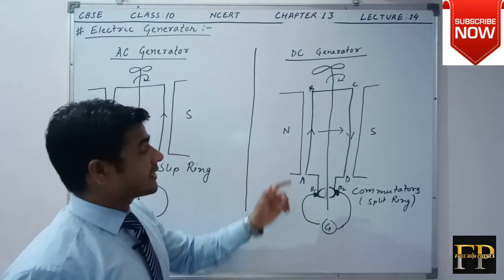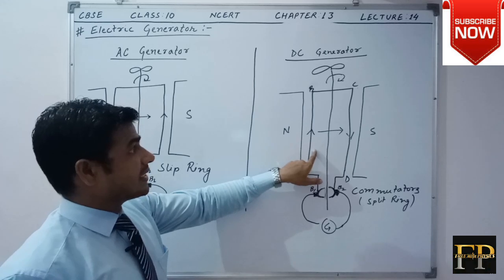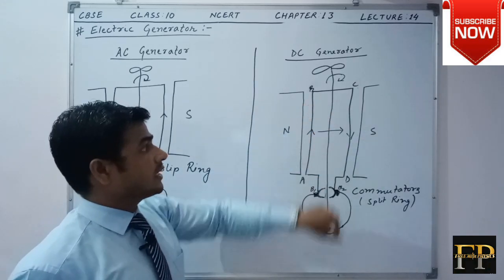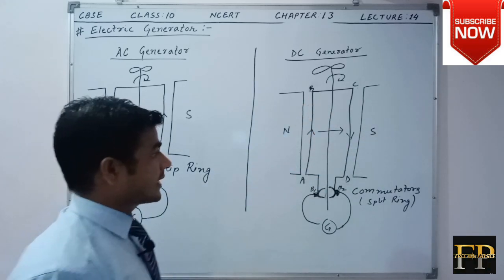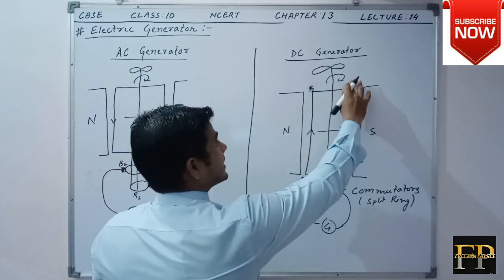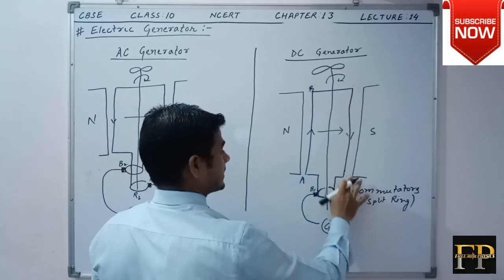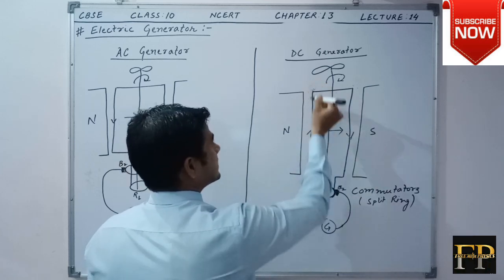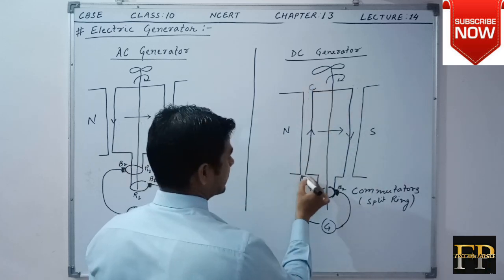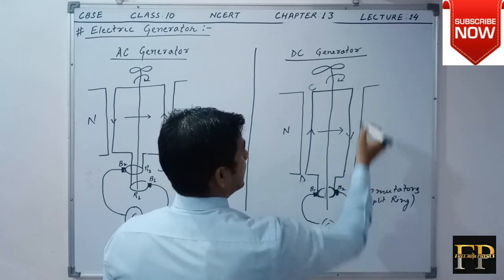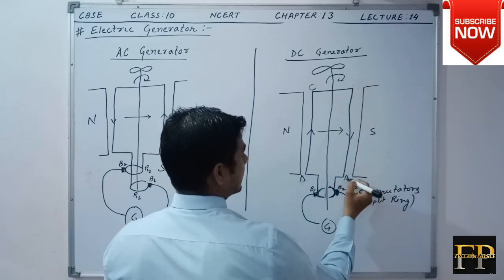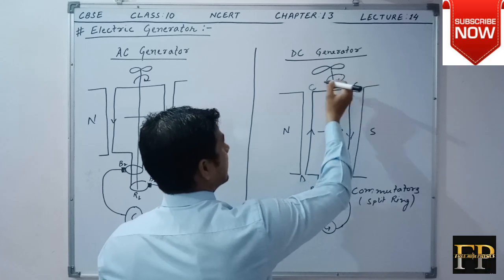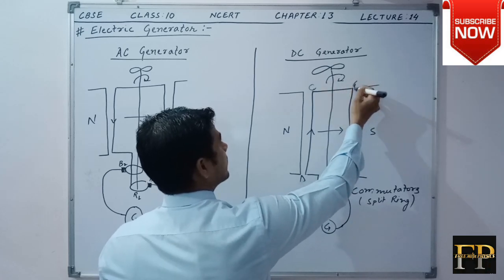We know that the coil is still moving in clockwise direction, so the side CD will come this side after half rotation and AB will come this side after half rotation.